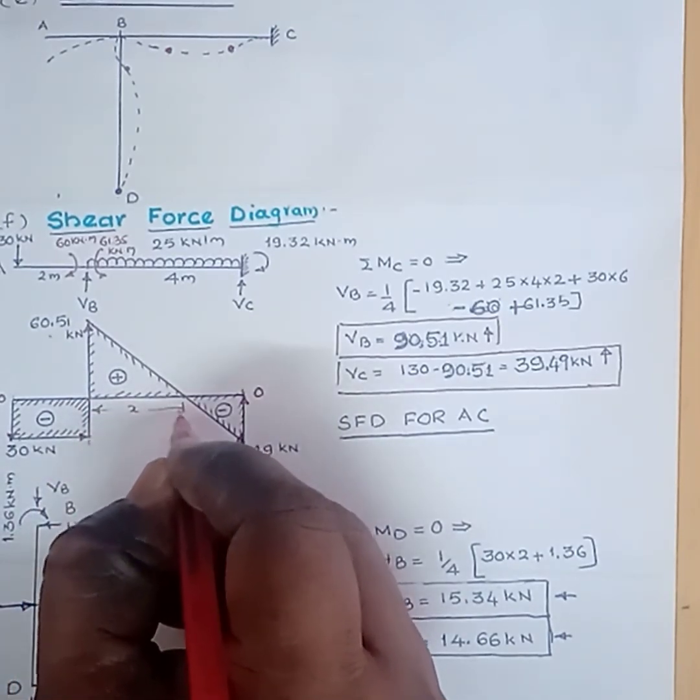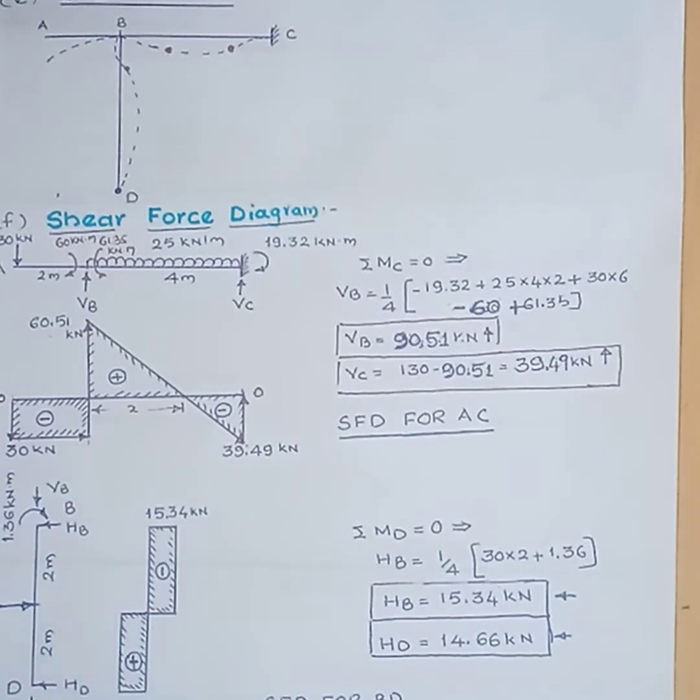We have to calculate by using similar triangles, or by writing the bending moment equation and differentiating it with respect to x. You will get the value of x. Substituting the value of x, you will get the maximum bending moment. If you differentiate the bending moment with respect to x, you get the shear force, so the position is where the shear force is 0. This is the shear force diagram.